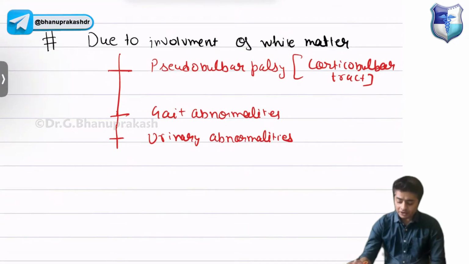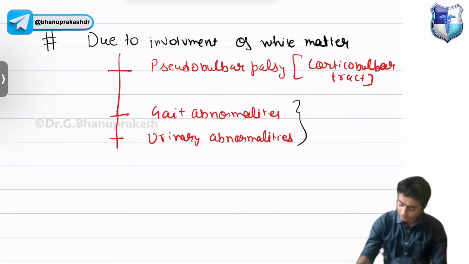Why gait abnormalities, urinary abnormalities?